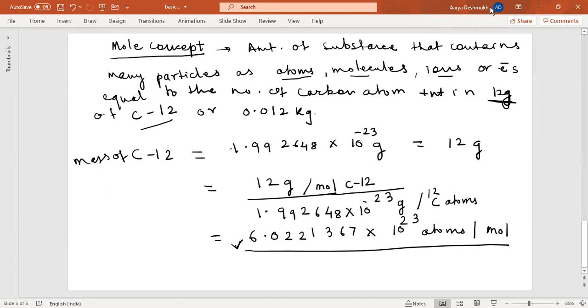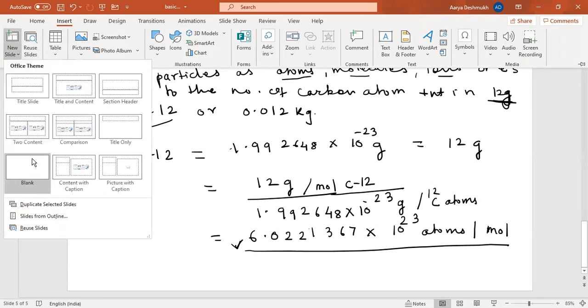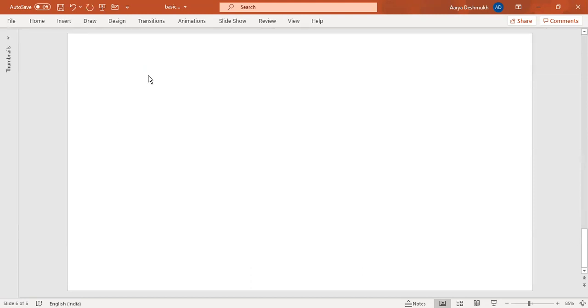So I'll explain this with, I have to add one more slide here. Okay, so I'll explain in a simple way what it actually means.